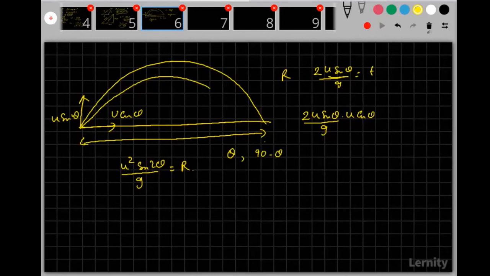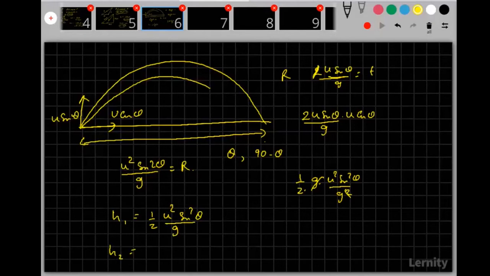Now the maximum height will become what? This is the time taken to go up, u sin theta by g. So half into g into t squared, u squared sin squared theta by g squared. g gets cancelled. So the maximum height h1 is equal to half of u squared sin squared theta by g. h2 will become, because it's a complementary angle, half u squared cos squared theta by g, right?